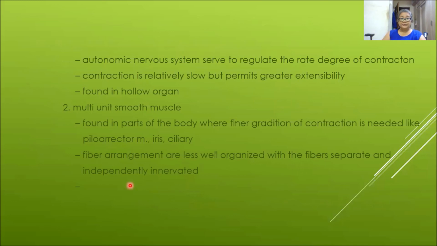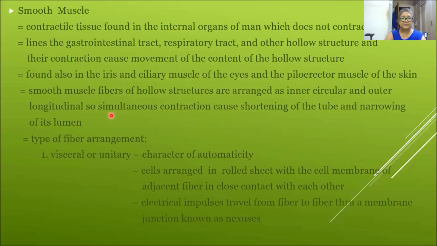While the multi-unit smooth muscle is found in parts of the body where finer gradation of contraction is needed, like the piloerector muscle or iris or the ciliary muscle. Here, the fiber arrangement is less well organized, with the fibers separated and independently innervated. So your multi-unit smooth muscle structure is different from the other type, which is your visceral or unitary.